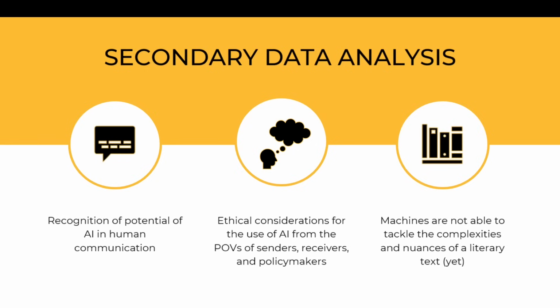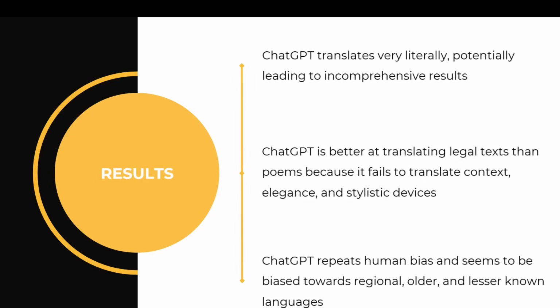A lot of points were also on the ethical considerations for the use of AI from the viewpoints of senders, receivers, and policymakers, as those considerations differ between the viewpoints. And our third main point we could learn from the analysis was that machines are not yet able to tackle the complexities and nuances of literary texts. Now let's get to the results of our research.